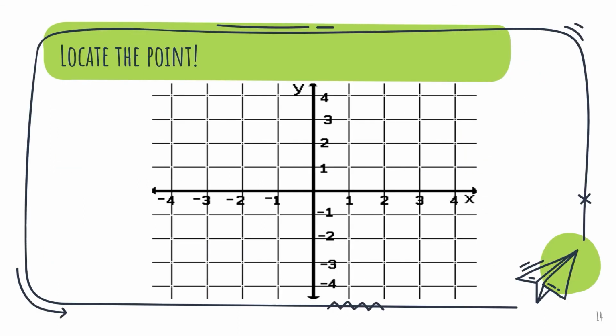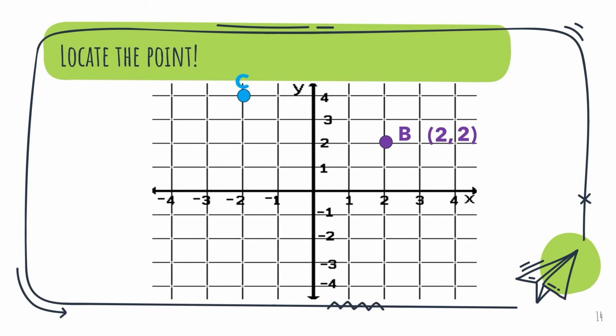Let us proceed to the activity entitled Locate the Point. First we have point B. Point B is at quadrant 1, so the sign must be positive, positive. Let us locate its coordinate in the x-axis and in the y-axis. 2 units to the right and 2 units upward. So point B is at (2, 2).